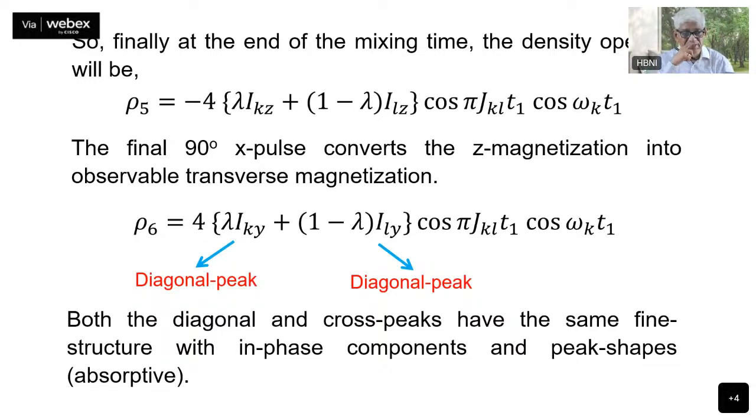Finally, at the end of the mixing time, the density operator rho is equal to minus 4 into the same partition, cosine pi J_KL T1, cosine omega K T1. The final 90-degree pulse converts the Z magnetization into observable magnetization. This gives you 4 lambda IKY and, with 1 minus lambda, ILY, and the coefficients remain the same.